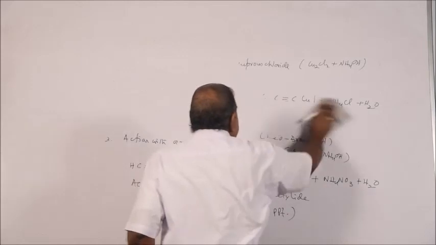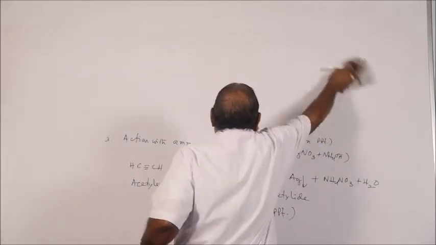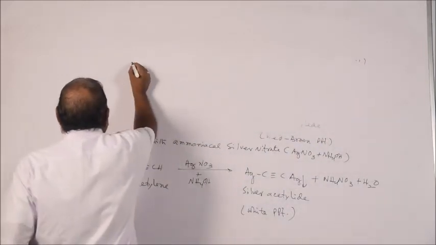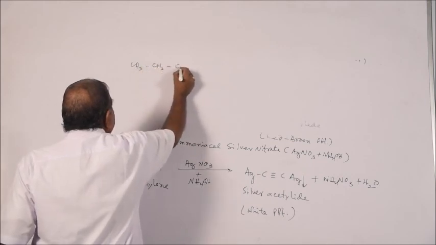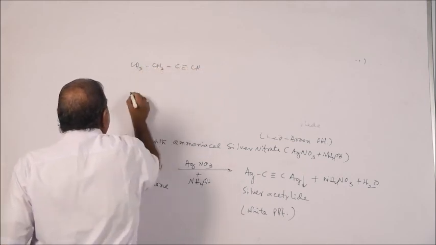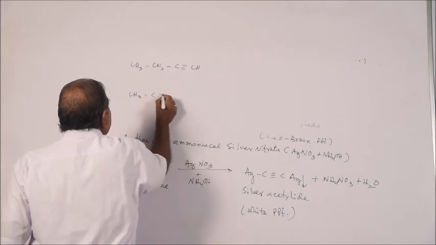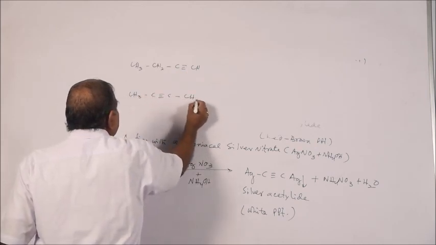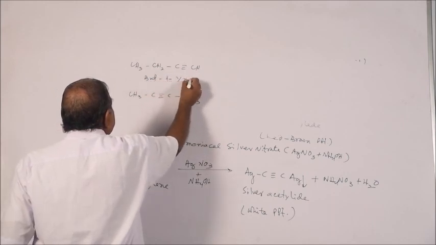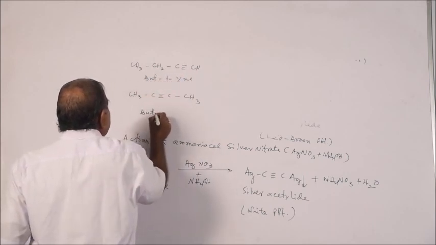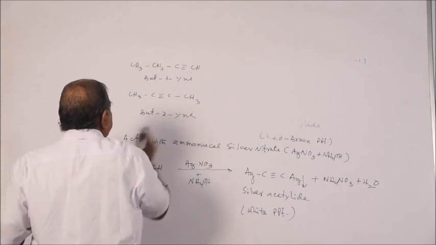One intelligent question I am giving to you. Say you have but-1-yne and but-2-yne.